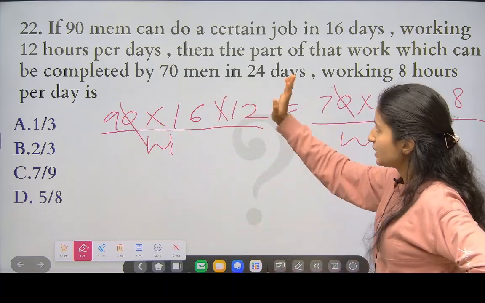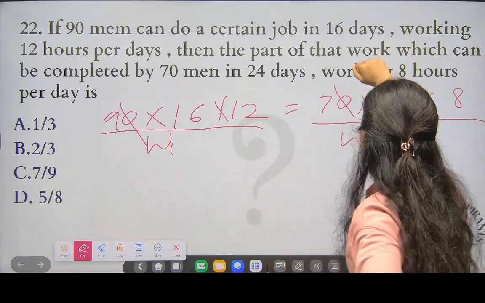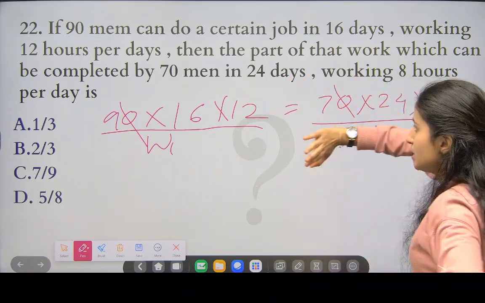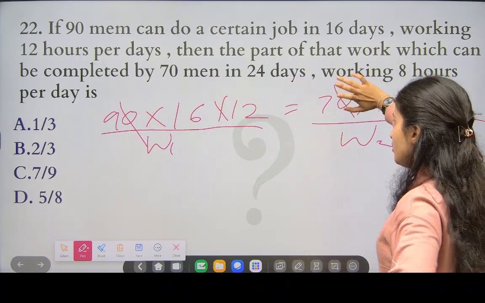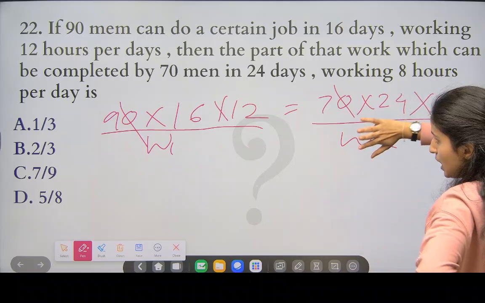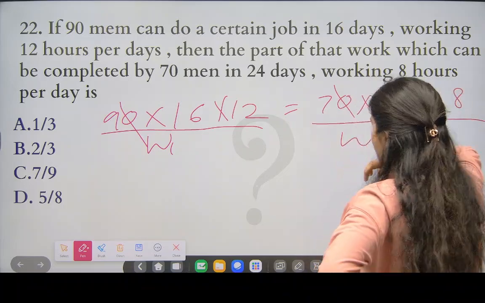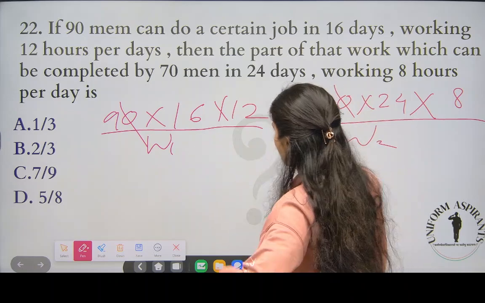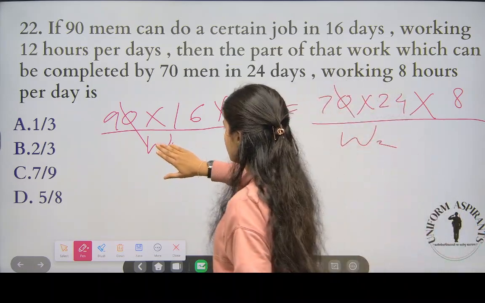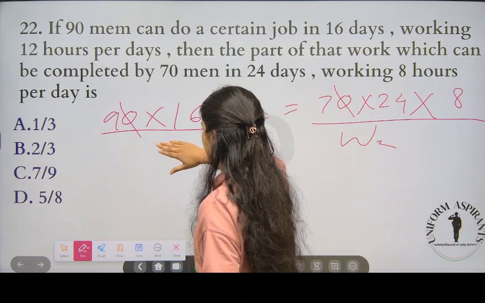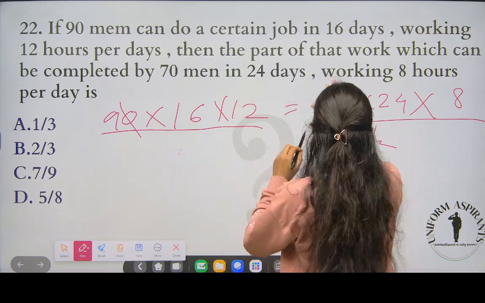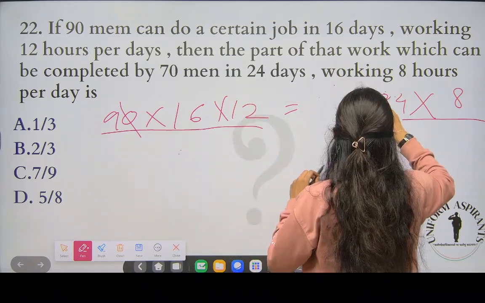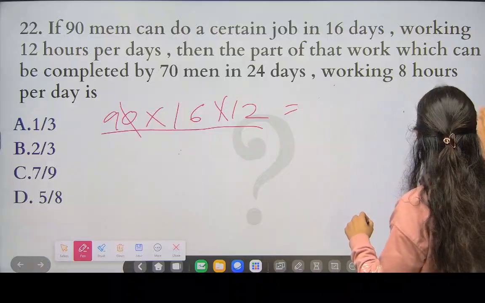See, if 90 men can do a certain job in 16 days, working 12 hours per day, then the part of the work which can be completed by 70 men in 24 days, working 8 hours per day. See now here, you can find W here. The multiplication of this will be W1. Okay, let it be like this only.